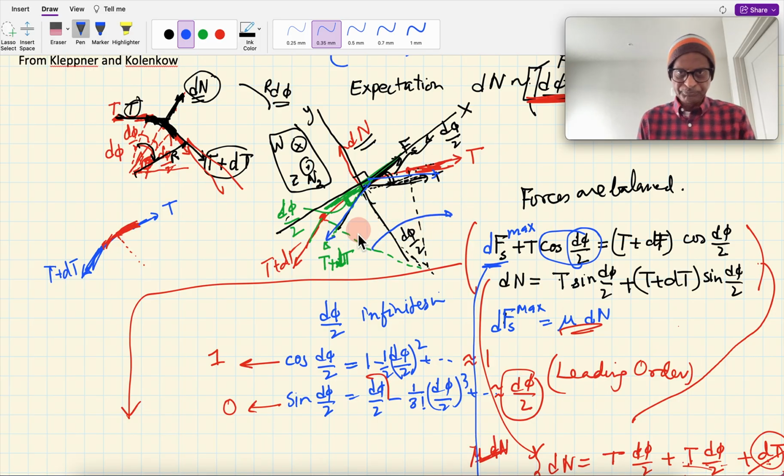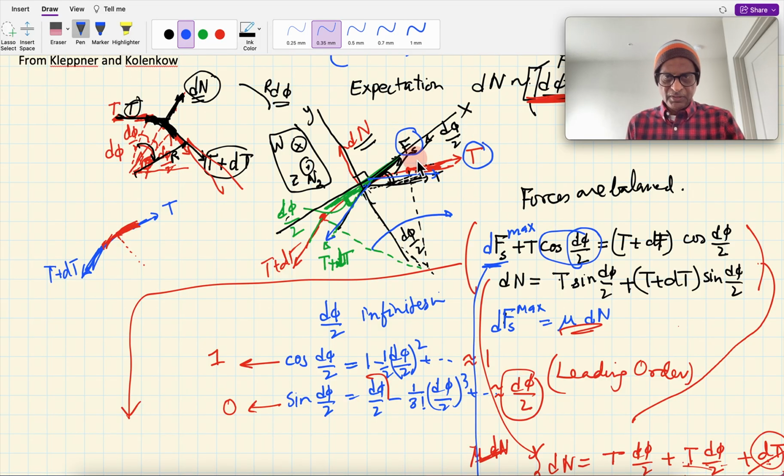This is the friction and this is the tension.